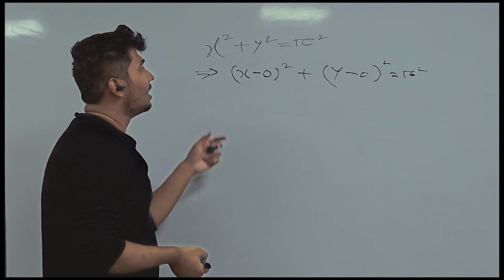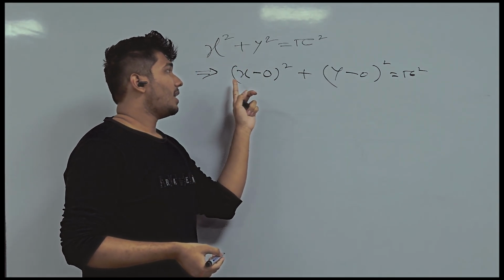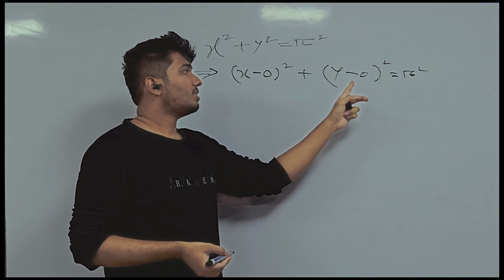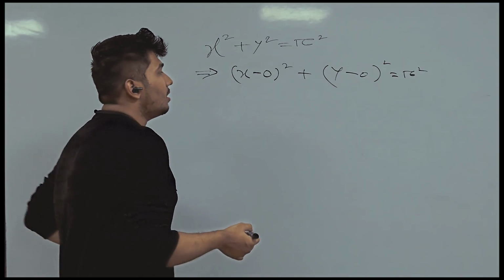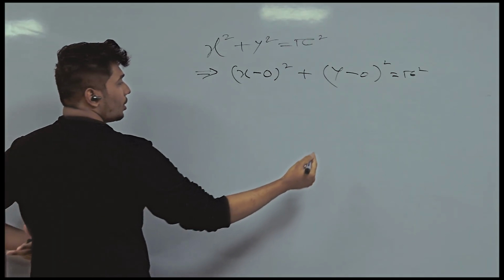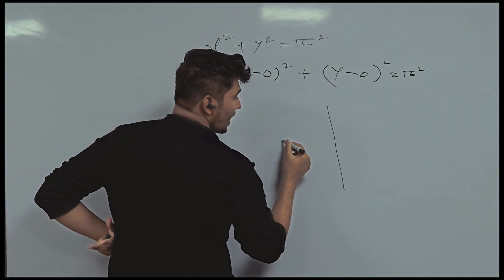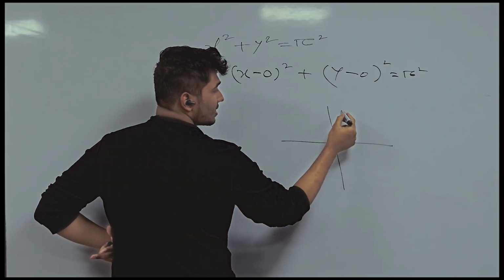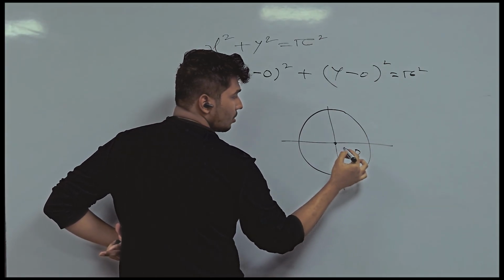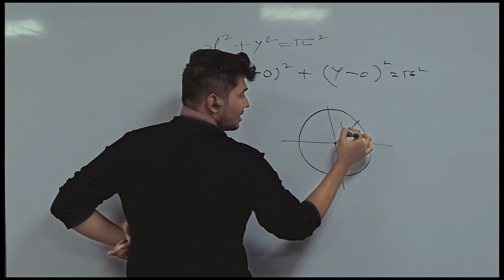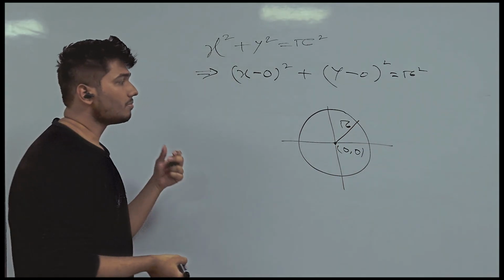What I did here, I just put a negative 0 with x and a negative 0 with y, but the equation is still the same. If we see the graph plotting of this equation, we will find a circle whose center is at (0, 0) and whose radius is r, right?